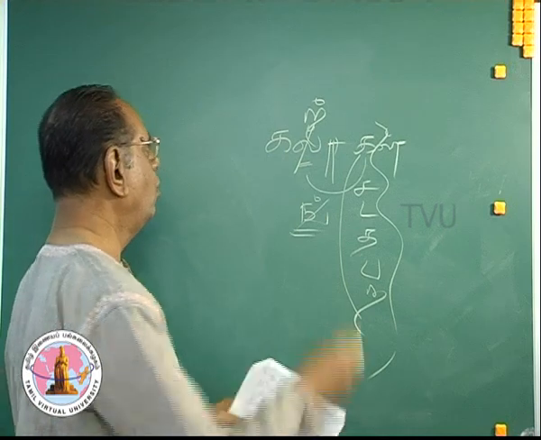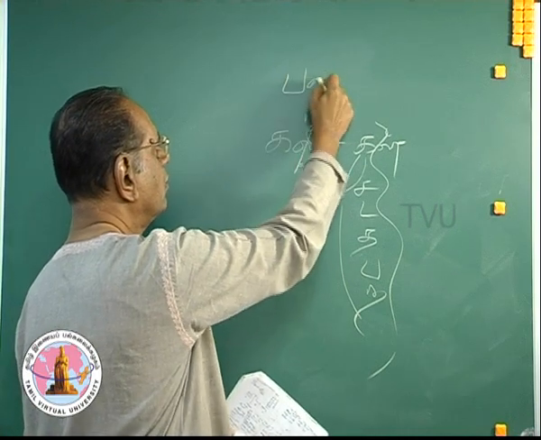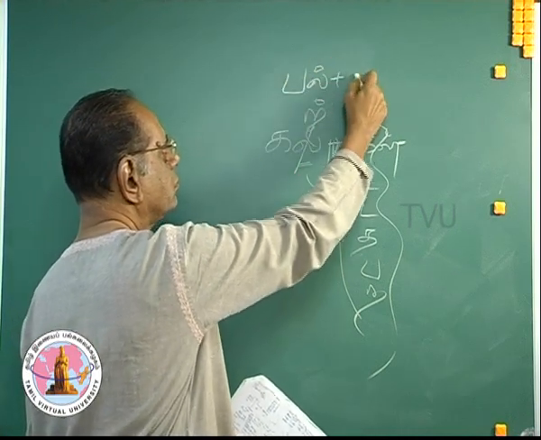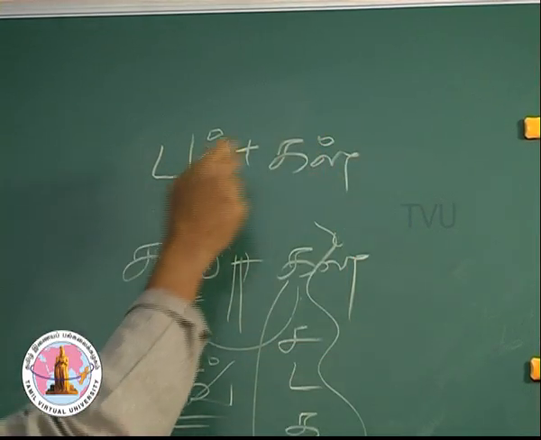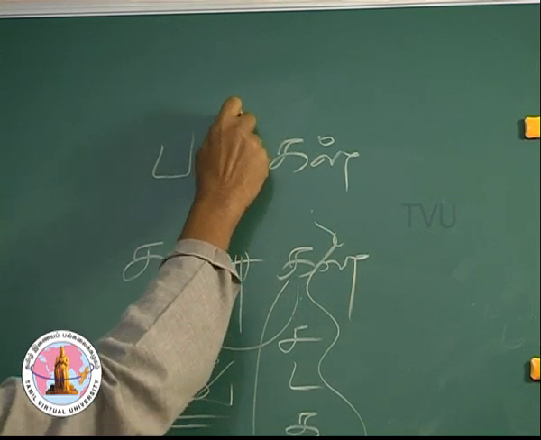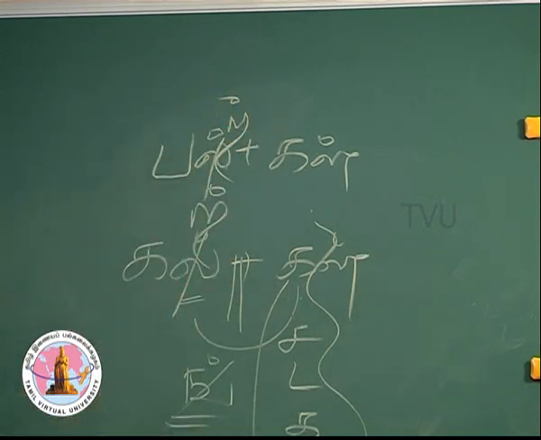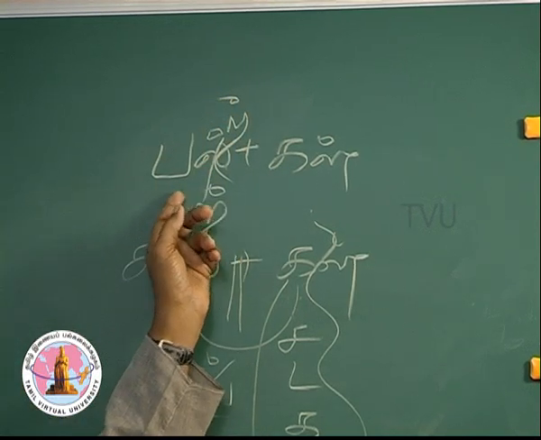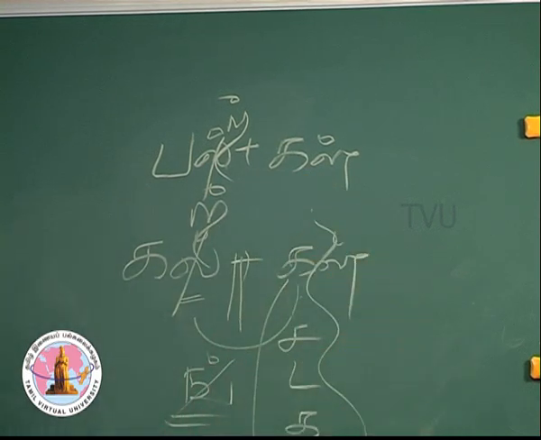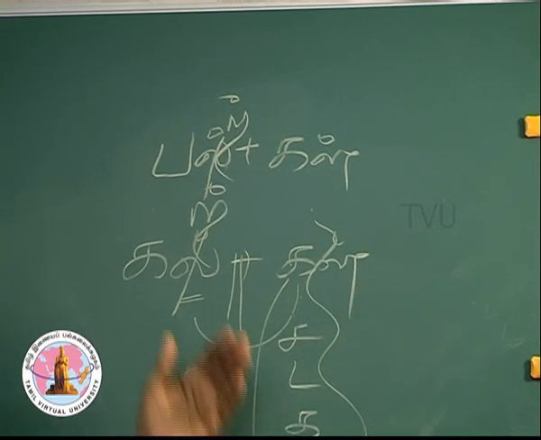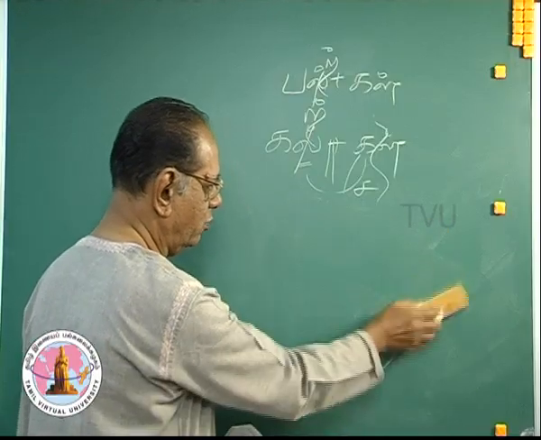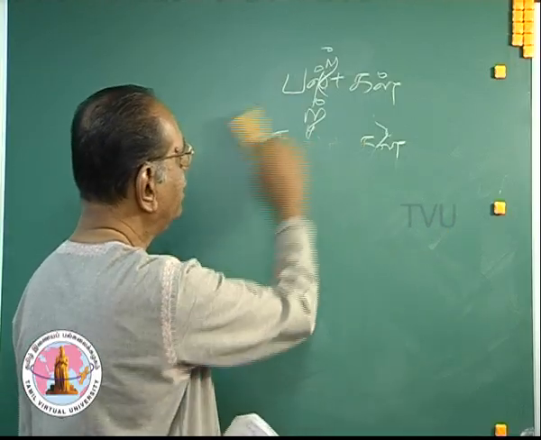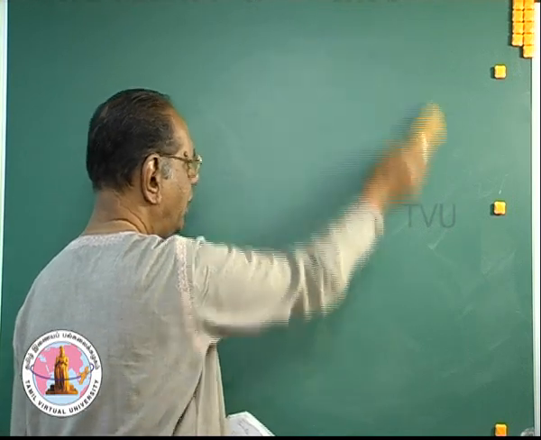So also pal plus kal, parkal. Pal is a tooth, parkal will be teeth. This is another set of words where you find a different kind of change taking place.